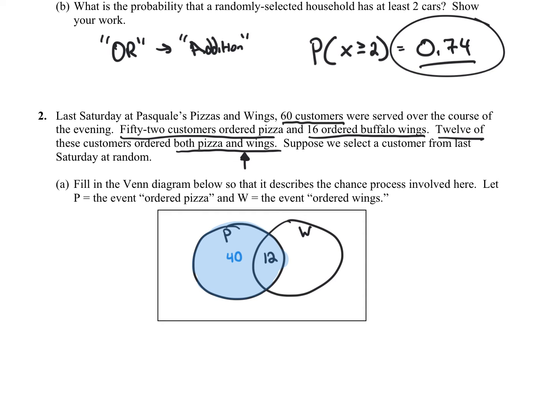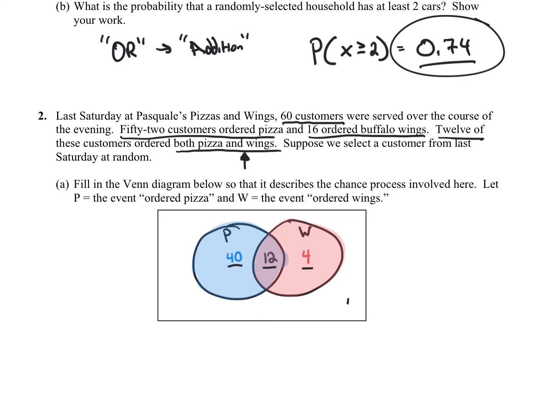Now let's look at the wings. 16 ordered wings, so I'm going to put a 4 here. Remember, wings together needs to add to 16. Then we can start to define how many people are left over. 40 plus 12 is 52, plus 4 is 56.